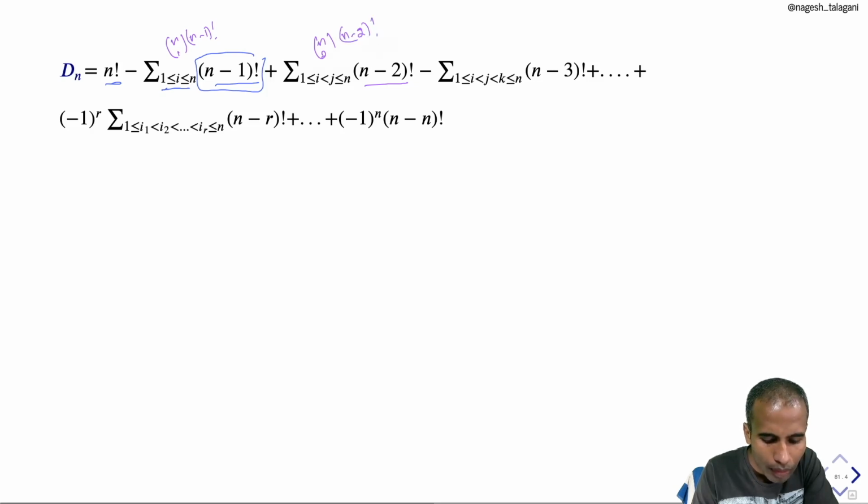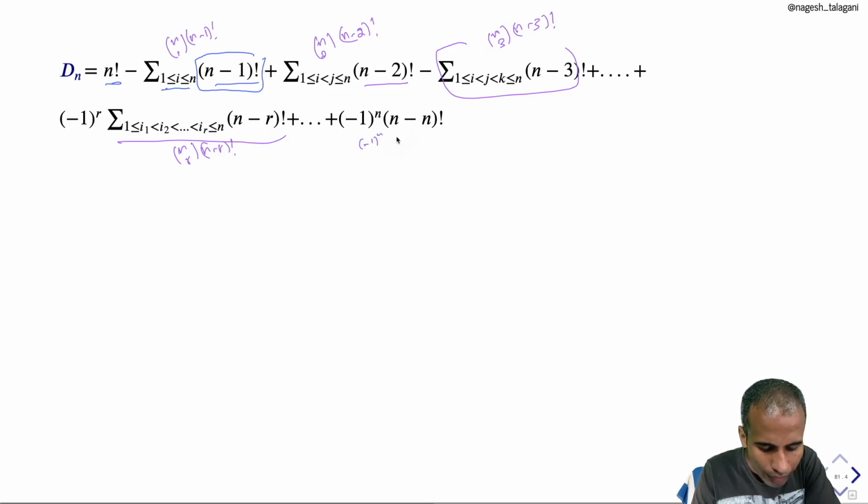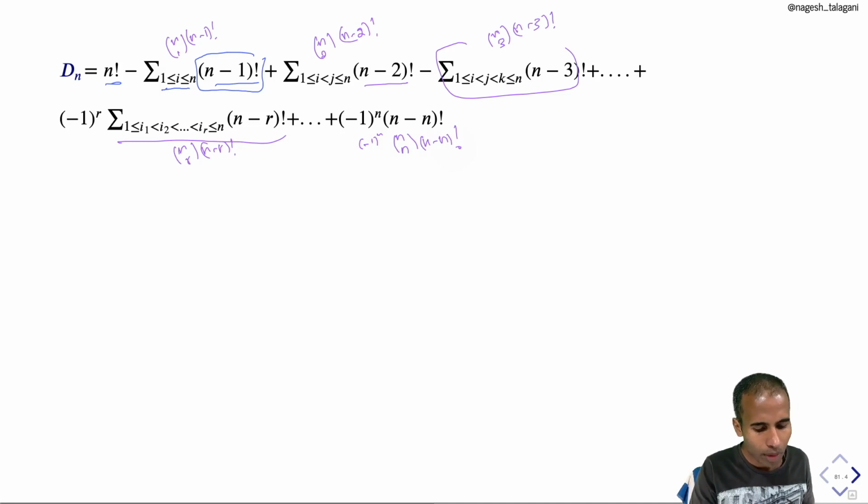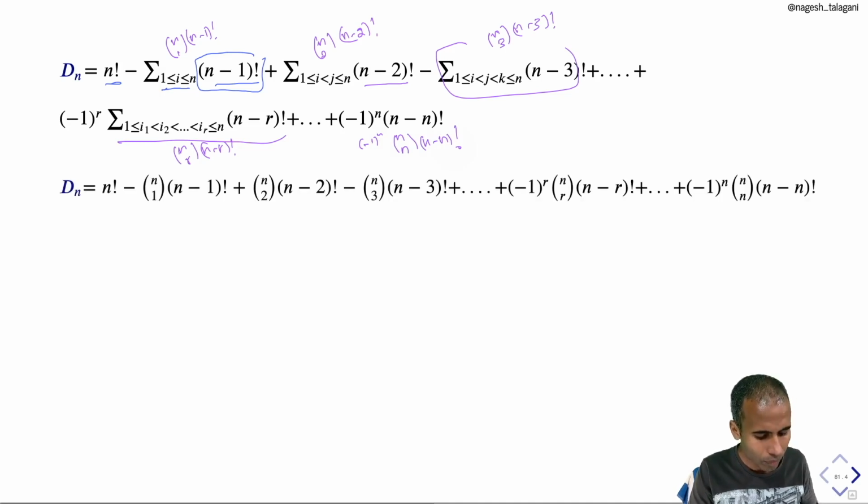Similarly, here this sum adds up to C(n,3) times (n-3)!, and so on. This sum adds up to C(n,r) times (n-r)!, and here there is only one term. We can write C(n,n) times (n-n)!. In the next step, we will write exactly this.